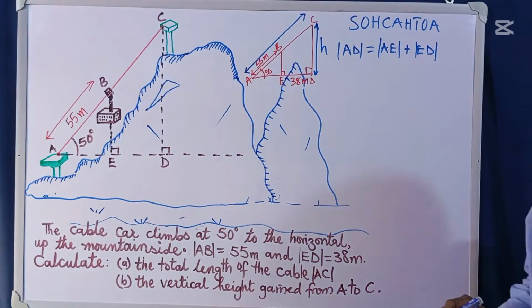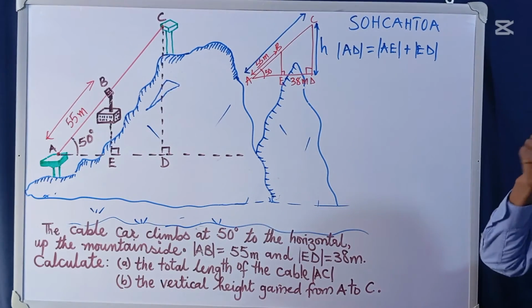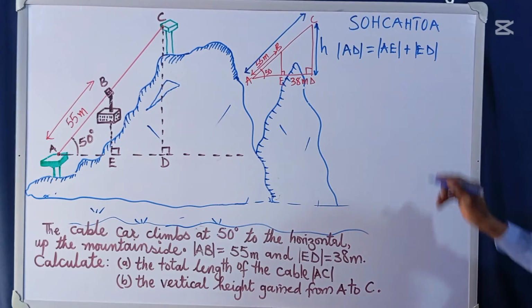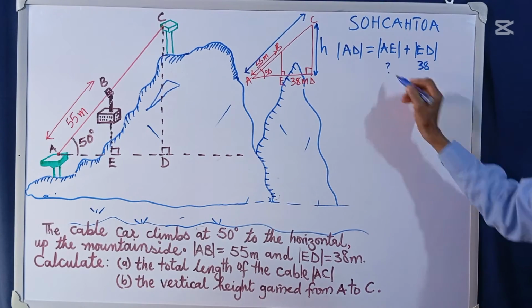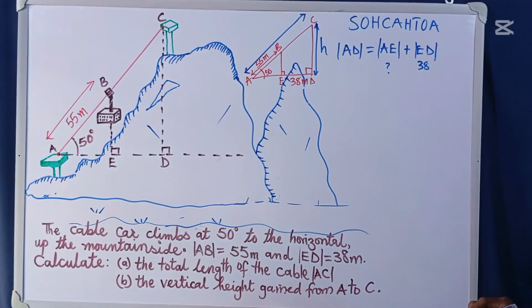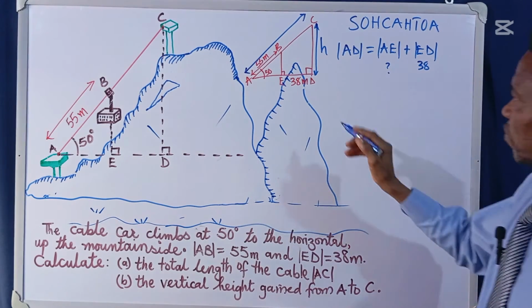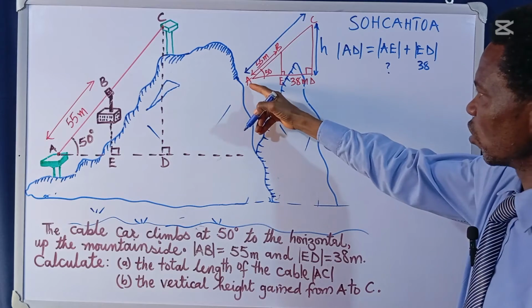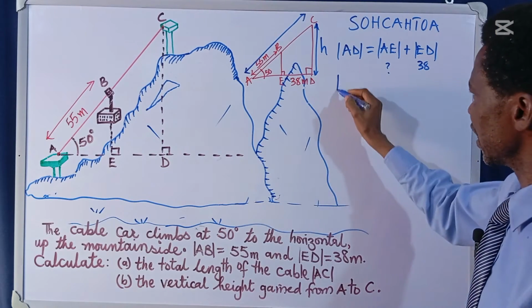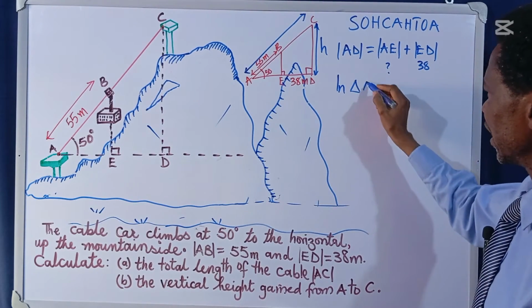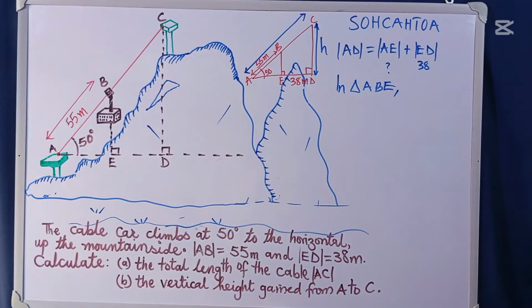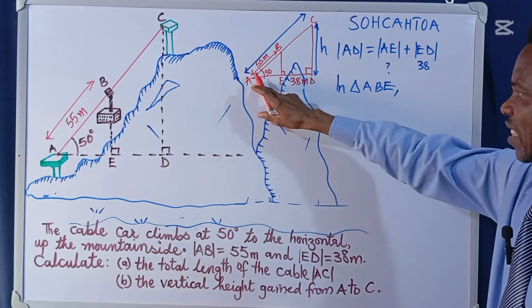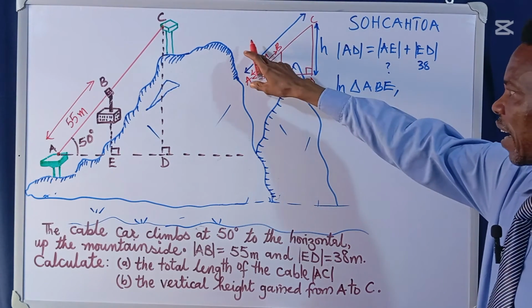All right. So let's get this particular distance. We know ED is 38, but we don't know this one yet. So let's find AE. For us to get AE, we'll look at triangle ABE. In triangle ABE, we want to calculate the adjacent, which is adjacent over hypotenuse.